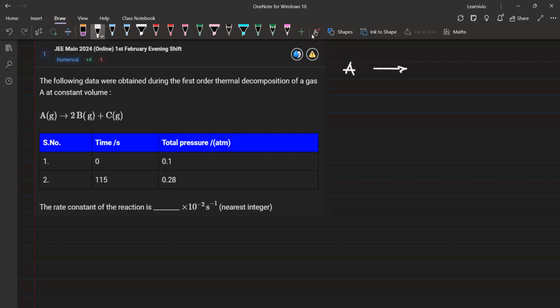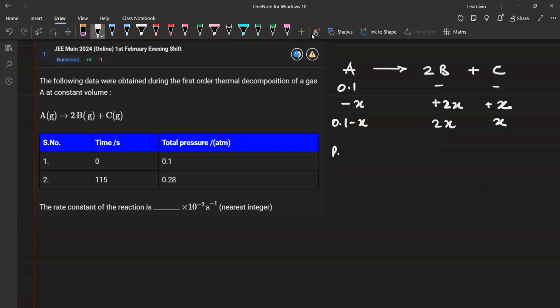So you're having A, which is giving you 2B plus C. Initially you will be having 0.1, and this will be nothing, this will be nothing. And there will be minus x, plus 2x and plus x. At equilibrium, you will be having 0.1 minus x, this will be 2x, and this will be x. The P total will be equal to 0.1 minus x plus 2x plus x. X and x will cancel. This will be 0.1 plus 2x. And P total is 0.28.